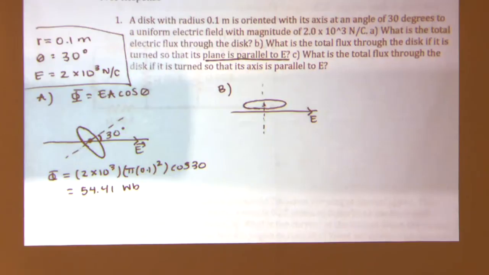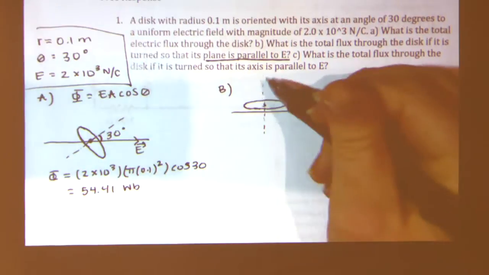You see that? Another way of saying this is that its axis is perpendicular. And saying it that way helps you realize what theta is actually going to be.